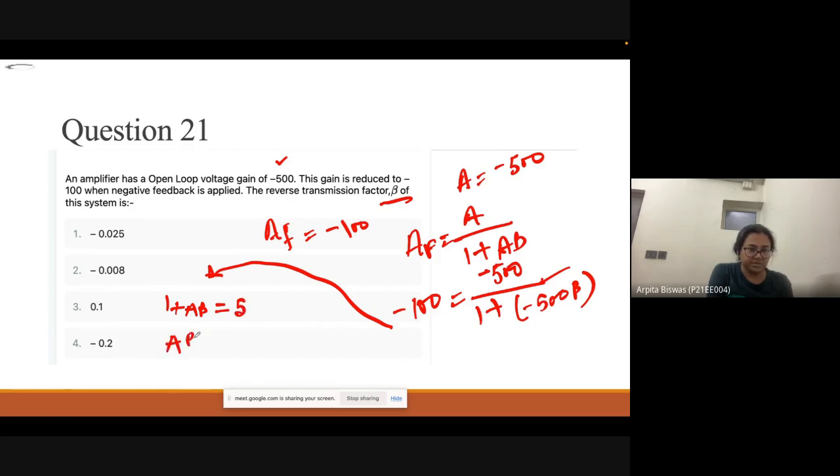Then A beta is equal to 4. Then what is the value of beta? 4 by minus 500.